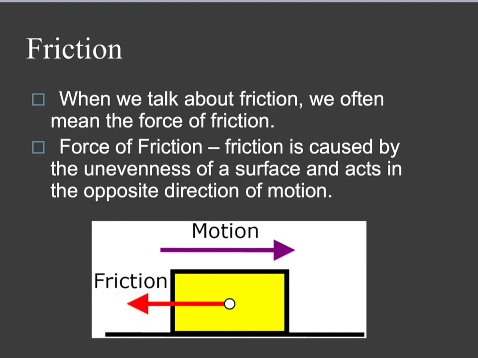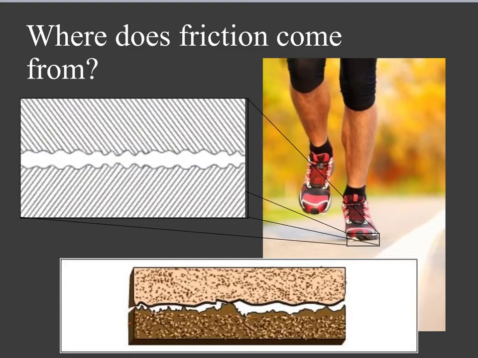So let's take a closer look at what the unevenness of a surface means. Say you're running on the road, and if we took a really close look at the place where your shoe is hitting the road, even the parts that look smooth to the eye, if you looked at them in a microscope, actually have all these little bumps, and so do the smooth parts of your shoe.